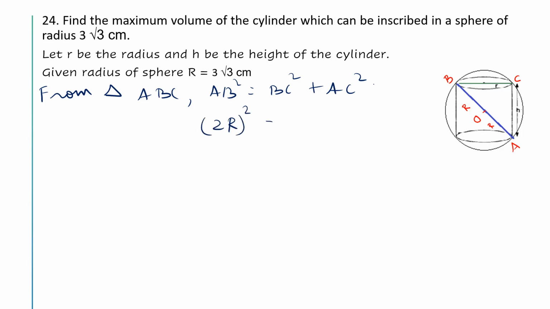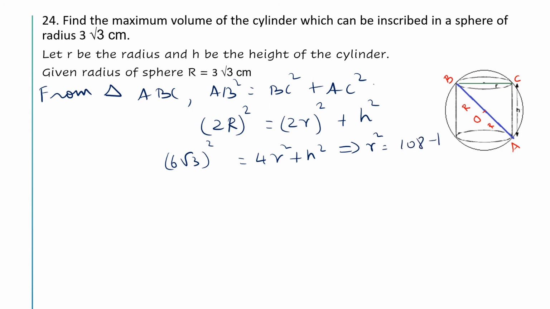So 2r the whole square equal to BC square is 2 small r. Here small r is nothing but it is the radius of the cylinder. The whole square plus AC is the height of the cylinder. So it is h square. Here r is given as it is 3 root 3. So we have 6 root 3 the whole square equal to 4r square plus h square. So from this we have r square is equal to 108 minus h square divided by 4.